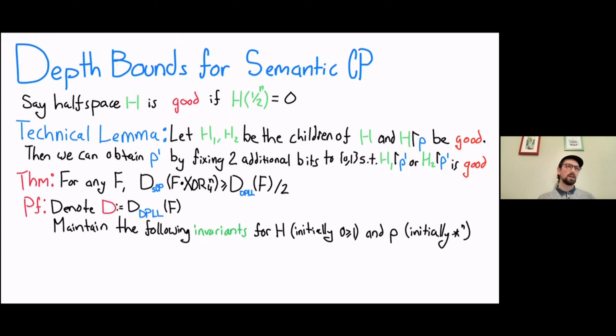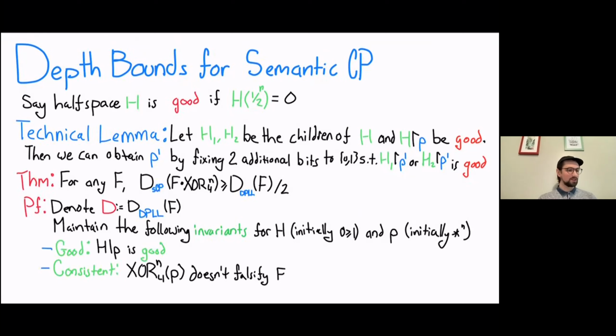You should think of being at some half space in the proof, walking down the proof, and we've maintained some restriction. Initially, the restriction doesn't set any variables, and the half space is 0 greater than or equal to 1. Clearly, the all-half point falsifies 0 greater than or equal to 1. And the invariant we're going to maintain is that H restricted by rho is good.